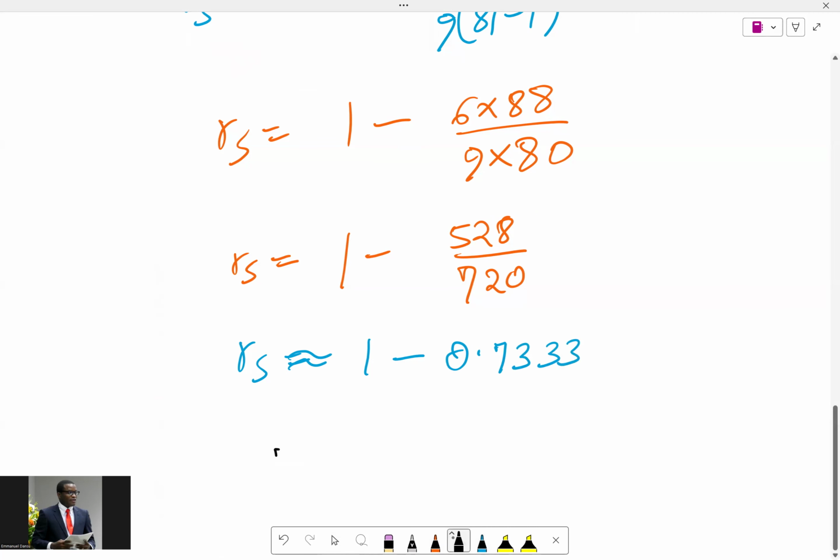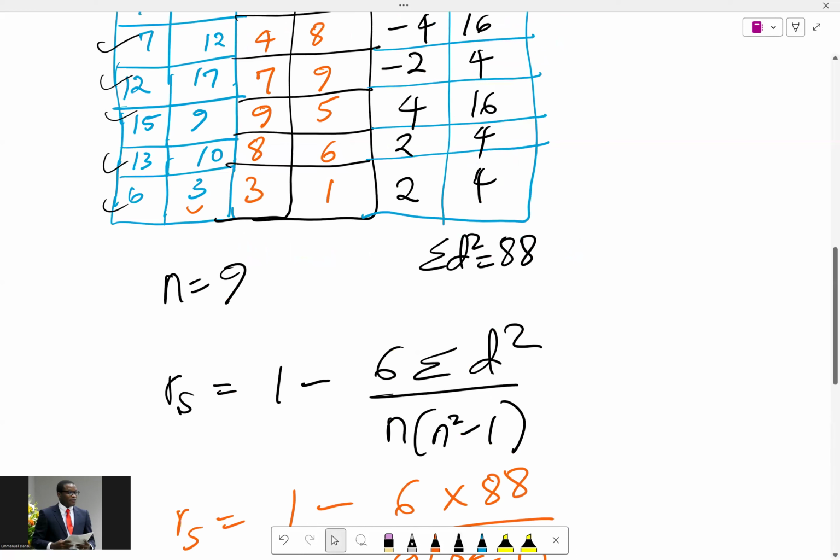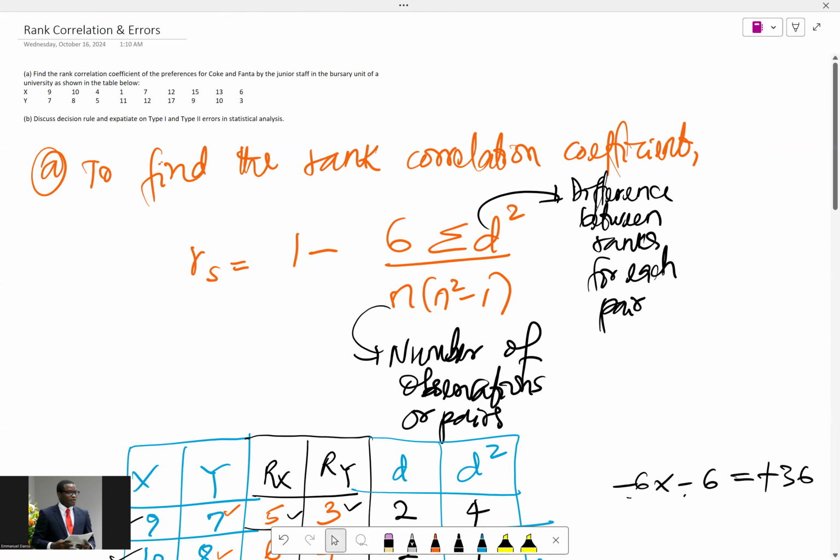So finally, Rs is approximately 1 minus 0.7333, and that is approximately 0.2667. So this is the rank correlation coefficient.